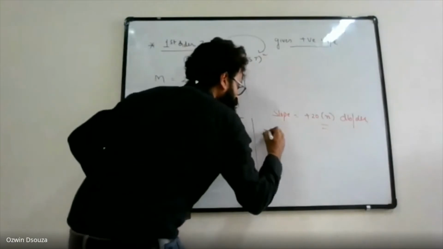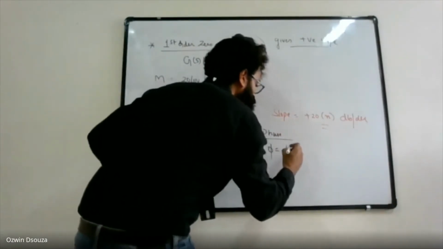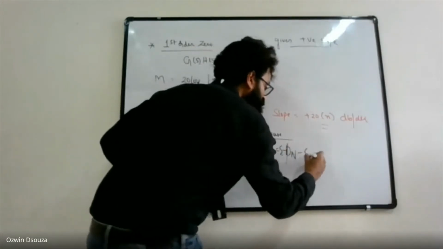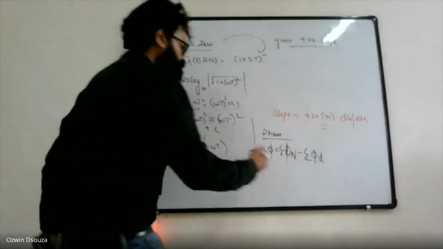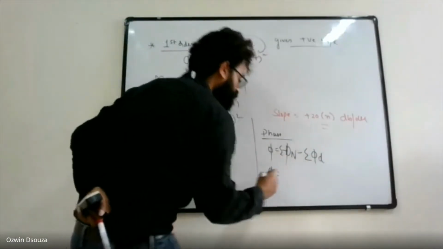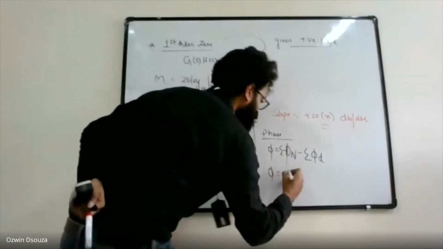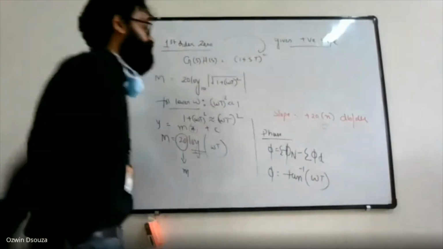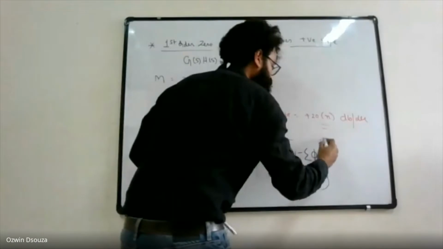And the phase plot is pretty easy, right? Phi is equal to numerator angles minus the summation of denominator angles. So what do we have basically? Phi is equal to tan inverse of omega t, that's all. We don't have any factors in the denominator, so that is 0.